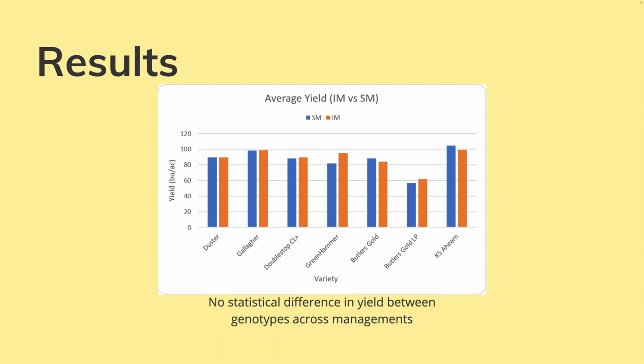Green Hammer was the variety that had the highest difference when comparing its average yield in center management and its average yield in intensive management. You can see it was the biggest difference, and all the varieties were really similar. That's why we saw that there was no statistical difference, right?